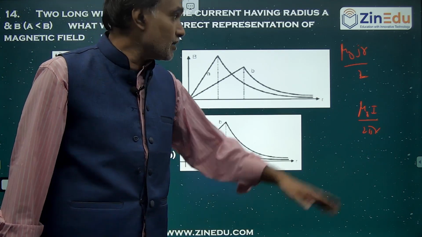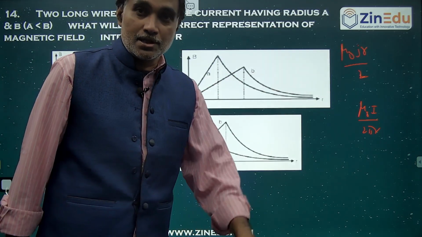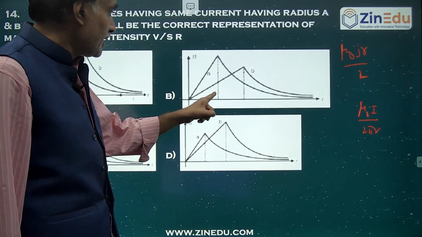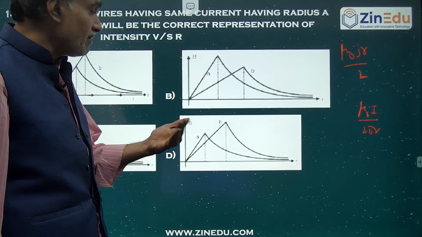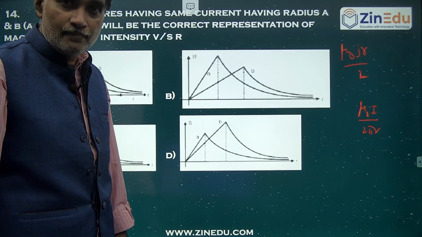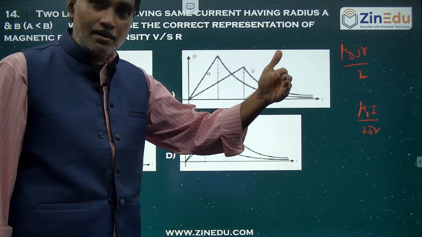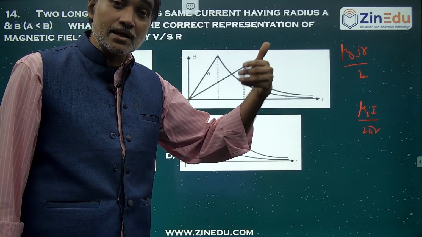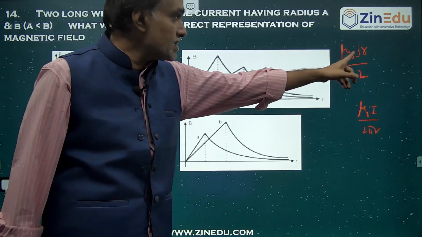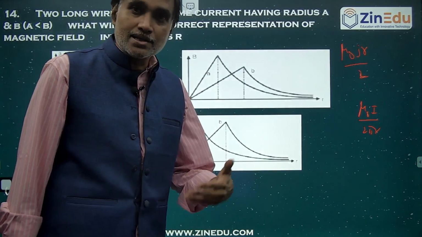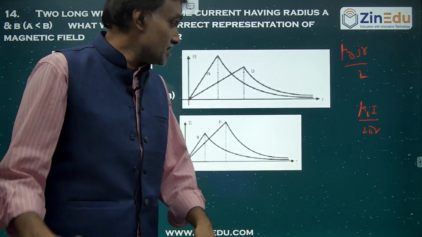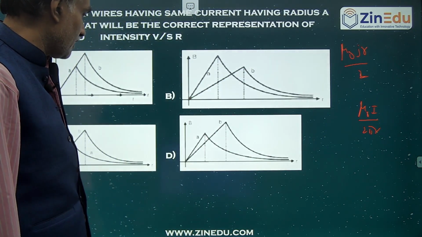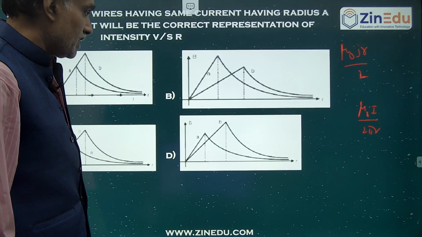For A it is greater, because J is greater for a given distance. So at a distance less than A, the magnetic field for A will be more when compared to B. At the same distance, the magnetic field for A will be greater when compared to B.